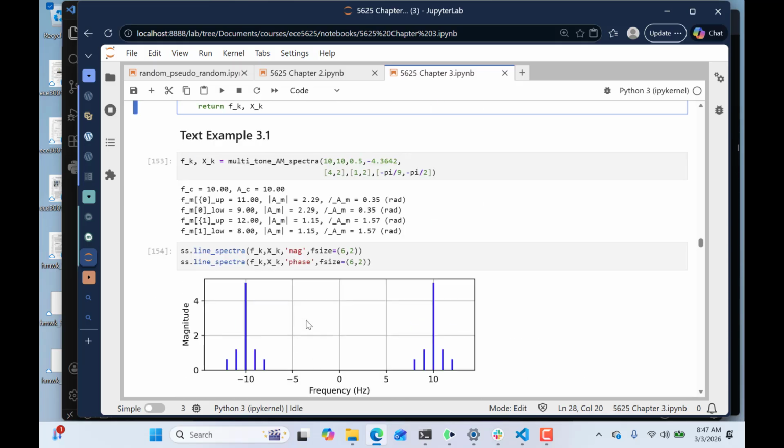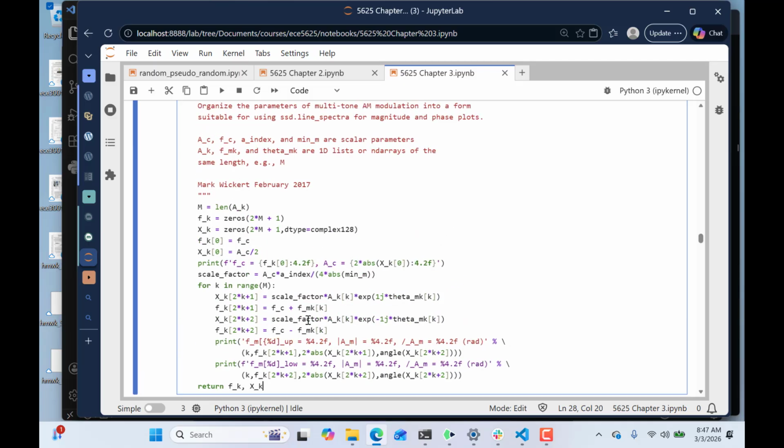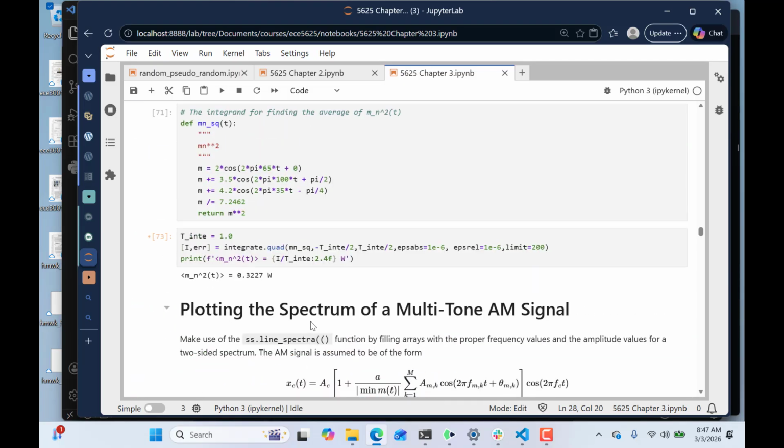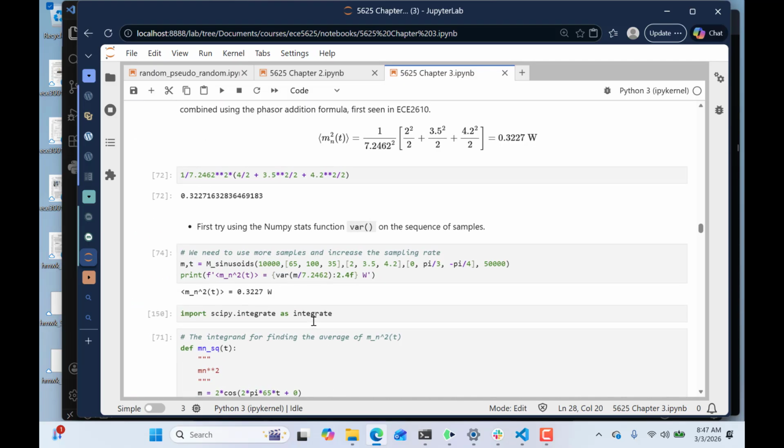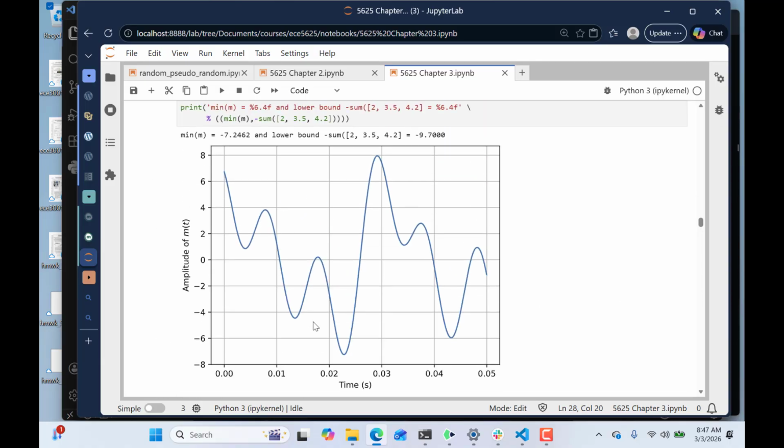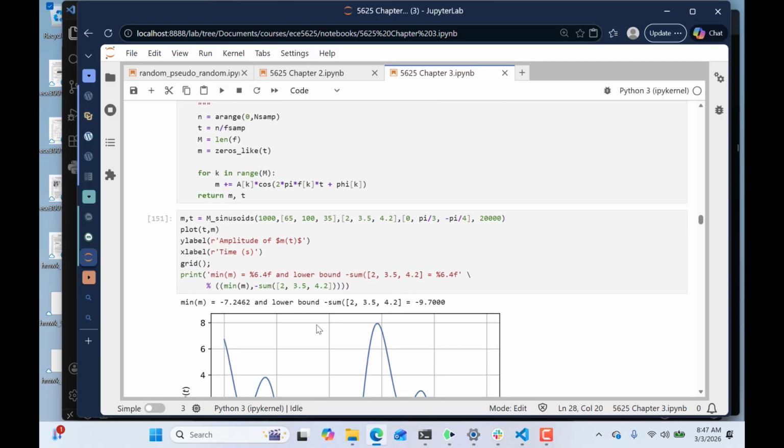So what I could do, let's hack into this example up above here. Rather than putting in the phases like I've done, I'm just going to put in frequencies and amplitudes. I'll take all of this stuff here.